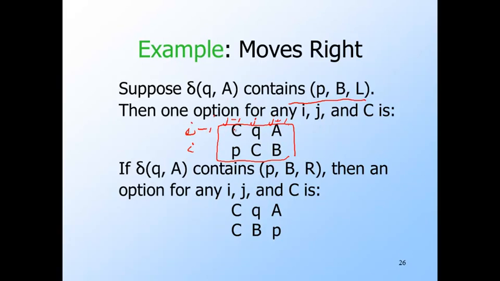The C is unchanged, but its actual position is different, and the A has been replaced by a B. Similarly, if the move is to the right, then the 6 values are the ones we must enforce for the variables in this rectangle. And those, well, the C doesn't change at all. The state Q becomes P and it moves to the right. So it's here, and then the A got replaced by B, and the B appears over here.